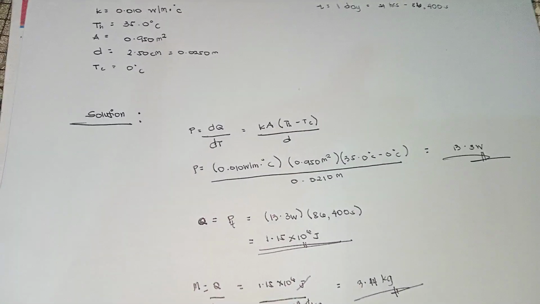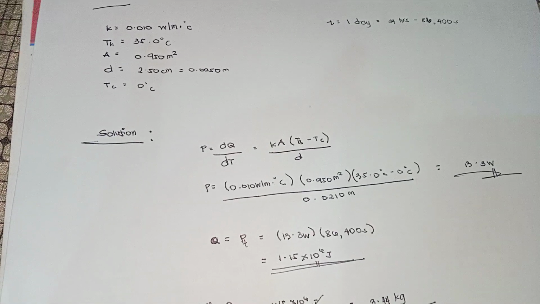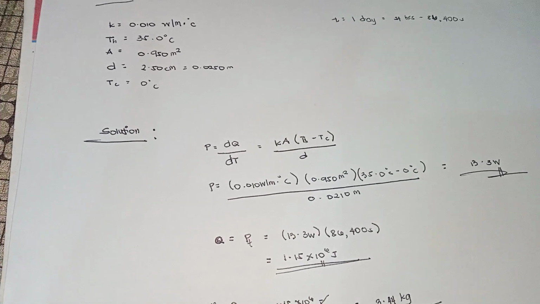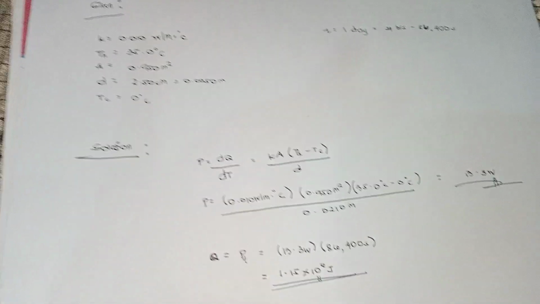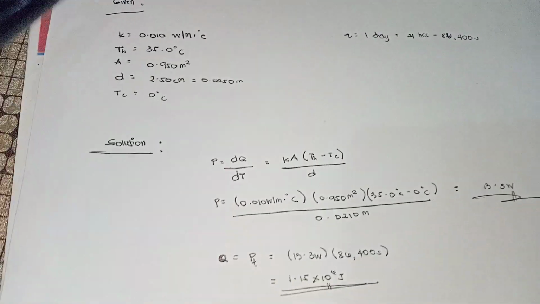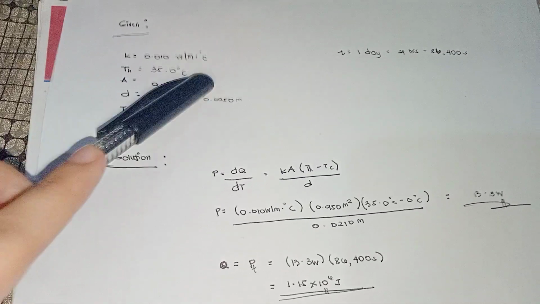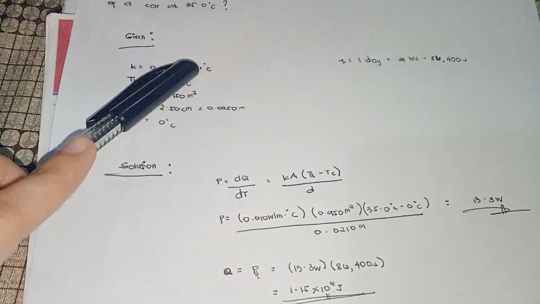So, P equals, this is our K, which is 0.010 W per meter degrees Celsius.